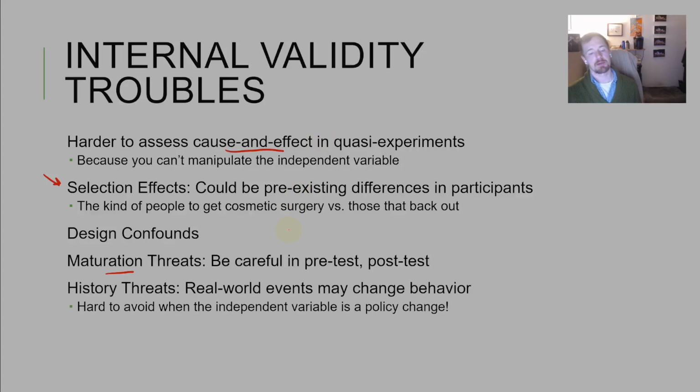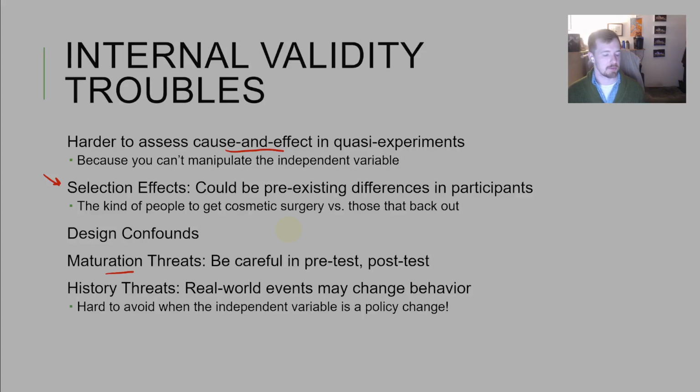History threats, or history confounds, could be how a real-world event changed behavior. So, for example, let's say, I'm gonna keep on with cosmetic surgeries because I want to be consistent here. This is actually kind of hard now that I think about it.